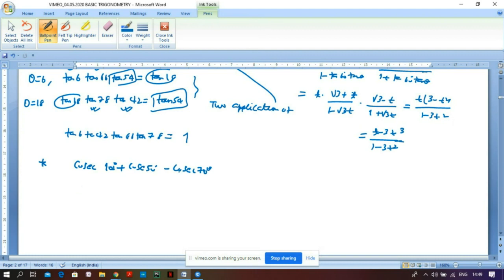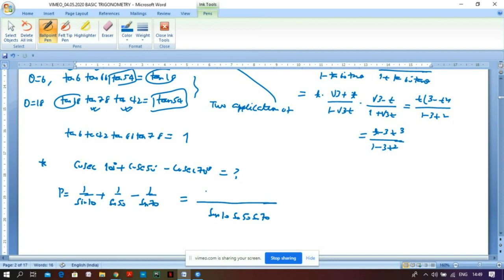And so this value you want. So I'll write this value P as 1 over sine 10 plus 1 over sine 50 minus 1 over sine 70. Obviously, there is no result like 1 by sine A minus 1 by sine B. So I take the LCM, sine 10, sine 50, sine 70.